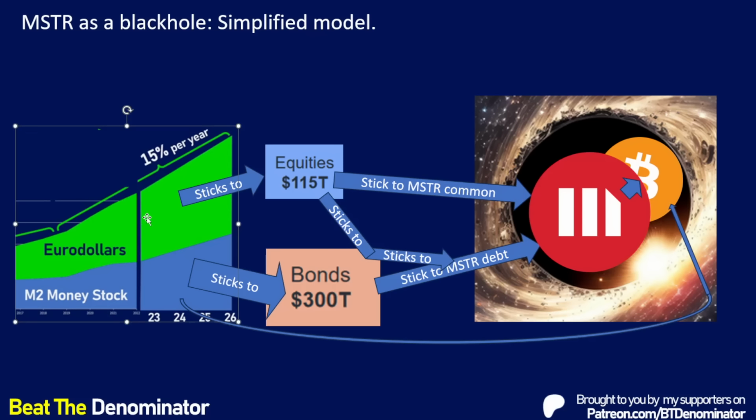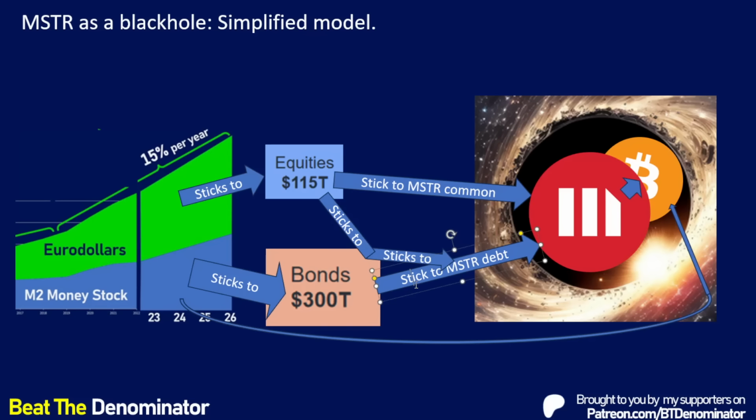So new dollars stick to equities, and a share of those equities stick to MicroStrategy by way of the traditional investing process and traditional pie buying culture, right? The Vanguard of the world, the index funds of the world. That money also sticks to bonds, and because that new money sticks to bonds, a little bit of these bonds make their way to the MicroStrategy debt.